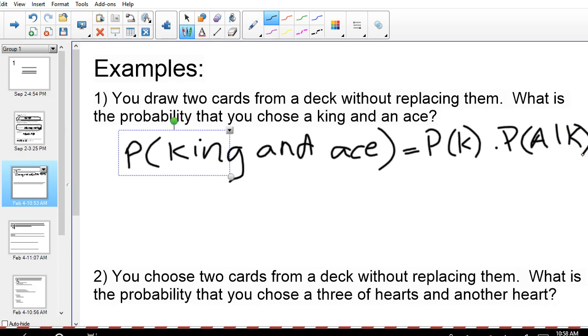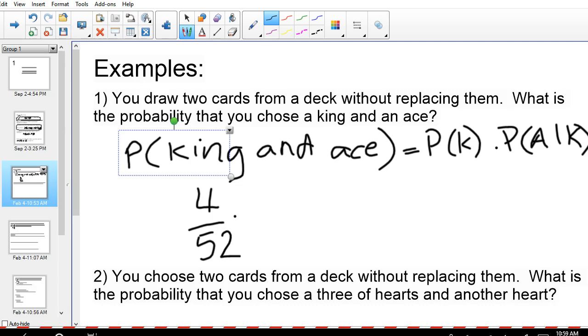So what is our probability of choosing a king out of the 52 cards? We got 4 out of 52. And then what's the probability? Normally the probability for an ace would also be 4 out of 52, but we've already taken one card out of the deck.